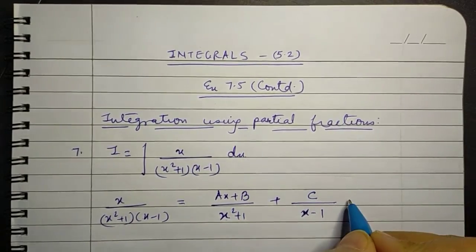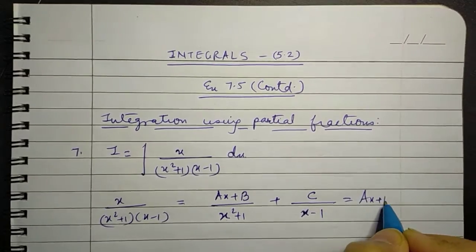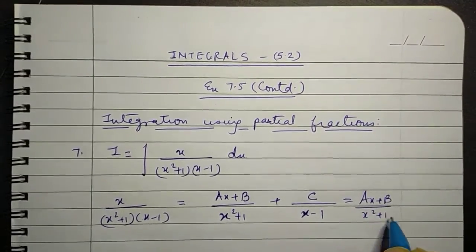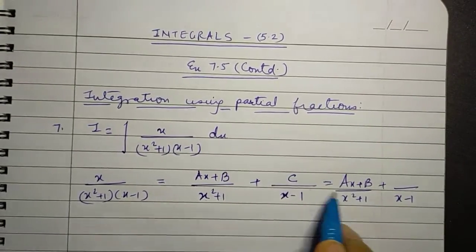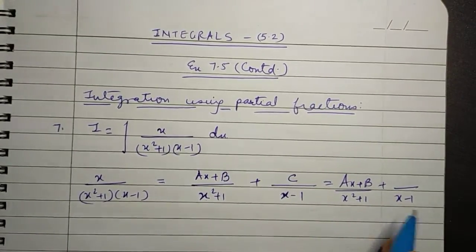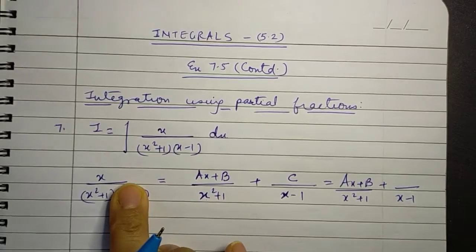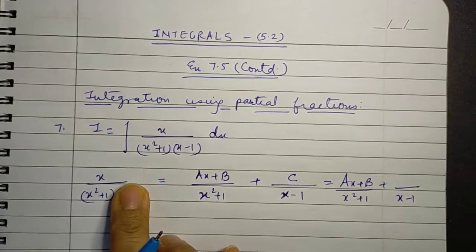So this can be written as (ax plus b) upon x squared plus 1 plus c upon x minus 1. Now on the left hand side, except for x minus 1, in the remaining portion we write x as equal to 1.